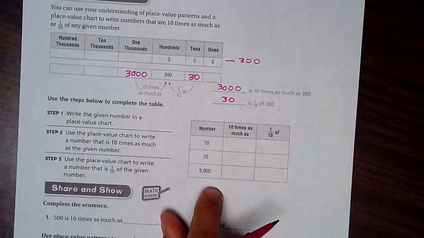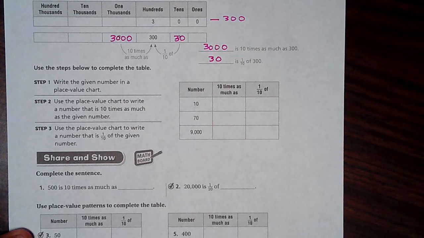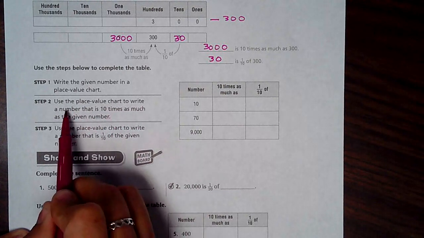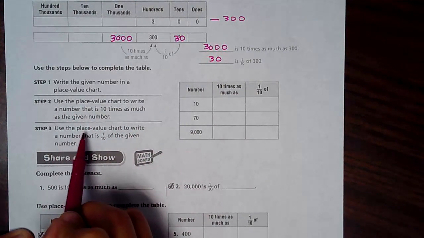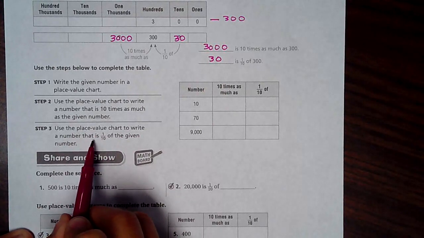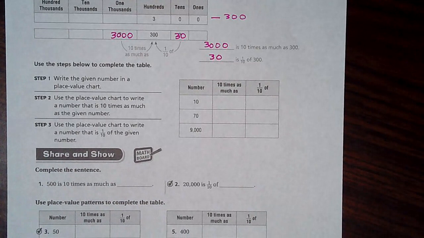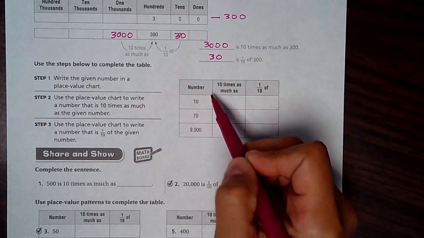Okay, look at this. Use the steps below to complete the table. Write the given number in a place value chart. Use the place value chart to write a number that is 10 times as much as a given number. Use that place value chart to write a number that is 1/10 of a given number. So here's the number that they give us.